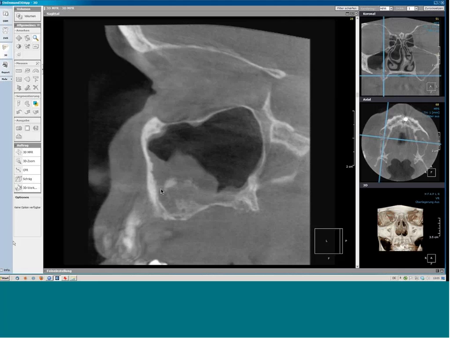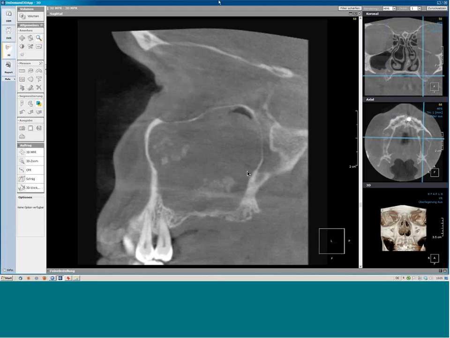You see some reaction here in the right maxillary sinus, and you see here that there are particles of this augmentation material distributed through the whole sinus.